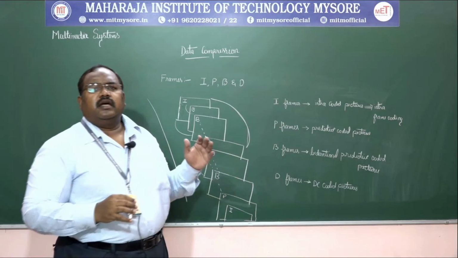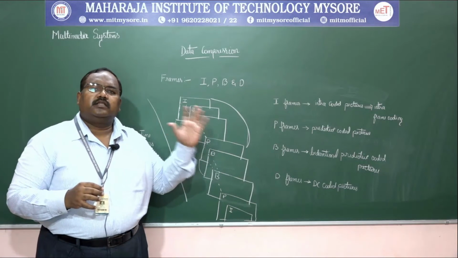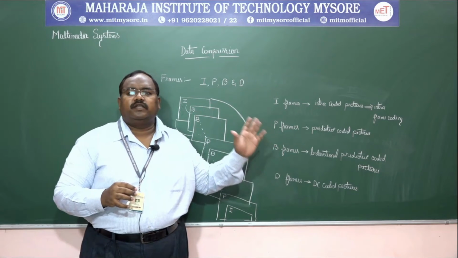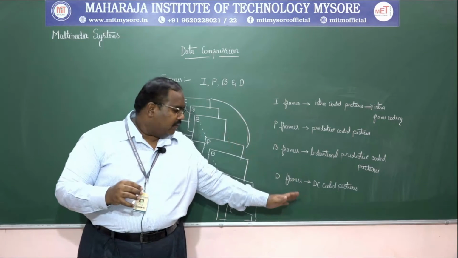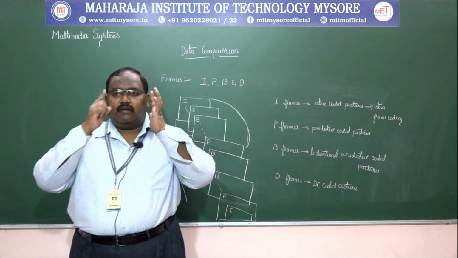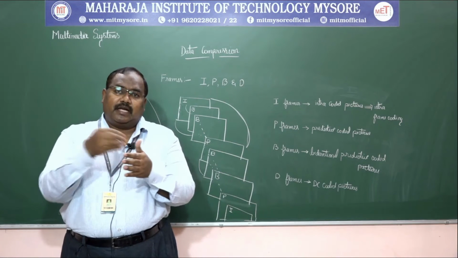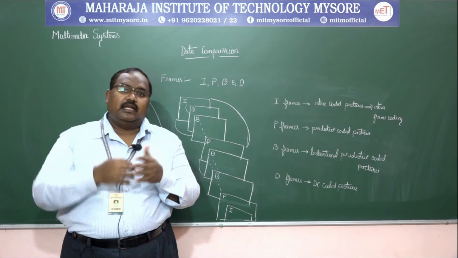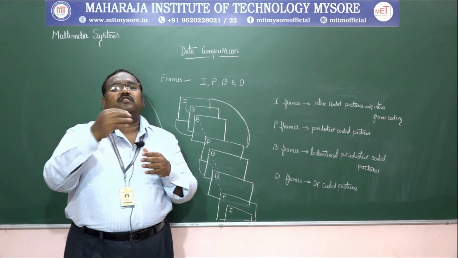In one of the sessions, I have already covered the components with respect to the DC, where the DC coded component, that is DC coefficients with respect to sound and the video, has been clearly clarified. So when we talk about the D frames, these are intra-frame coded, which means the inside of the frames is being coded and can be used for efficient fast forward.